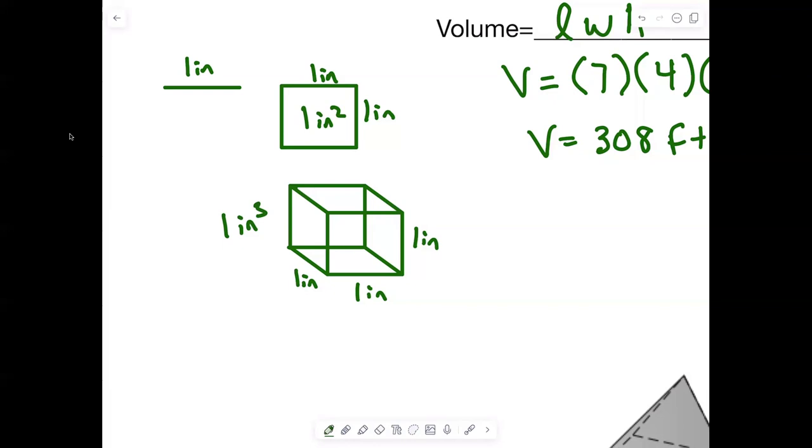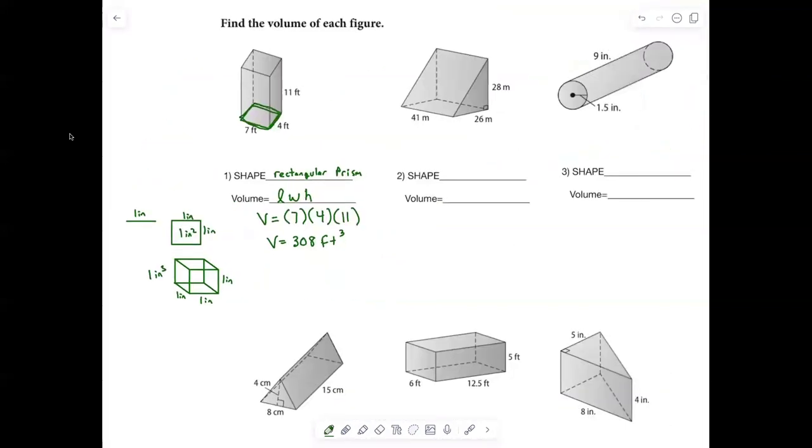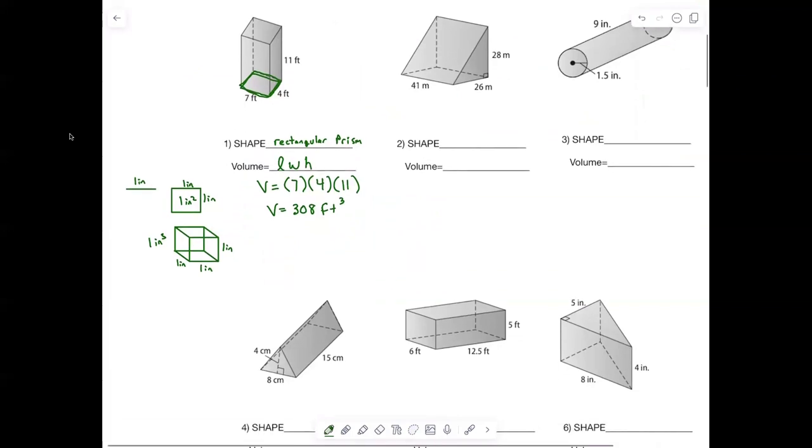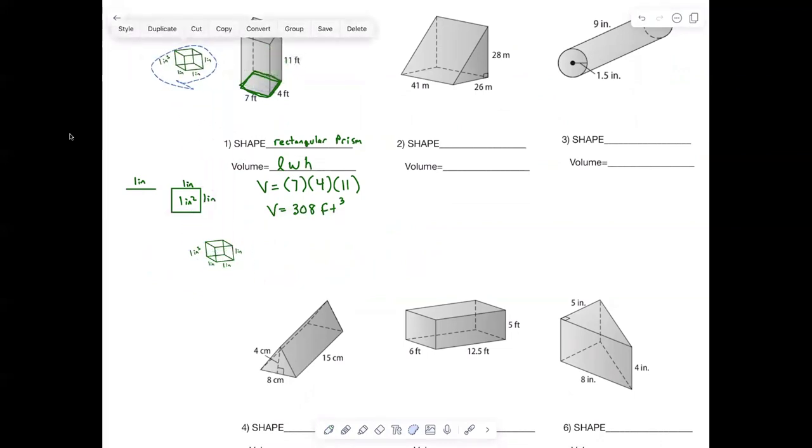Now I want to go back to what we just measured, 308 cubic feet. What does that mean? That means there are 308 what? Cubes inside. The problem is it doesn't look like there's 308 because my picture's not drawn to scale properly.